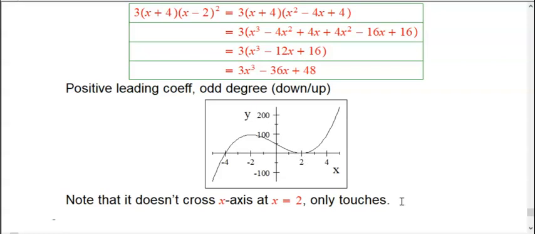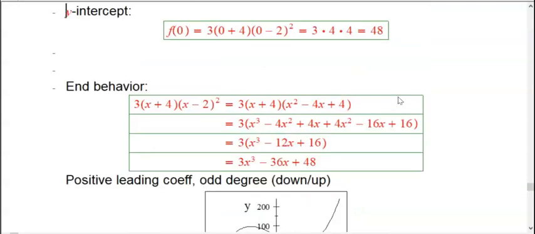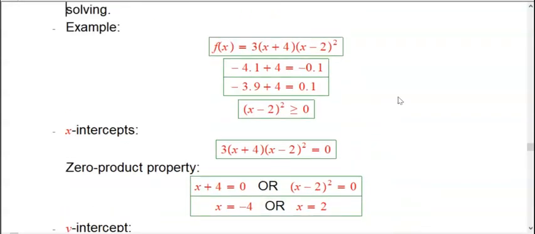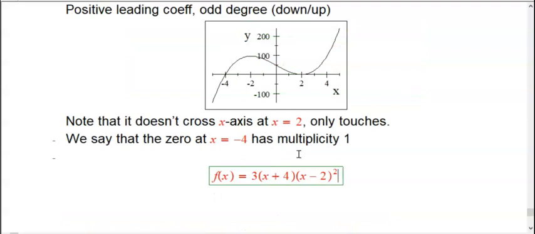Okay, so what we say here is that the 0 at x equals minus 4 has multiplicity 1. That's the exponent it had in the factored form. Let me bring that factored form down one more time, so I don't have to keep scrolling up. So there's our form.